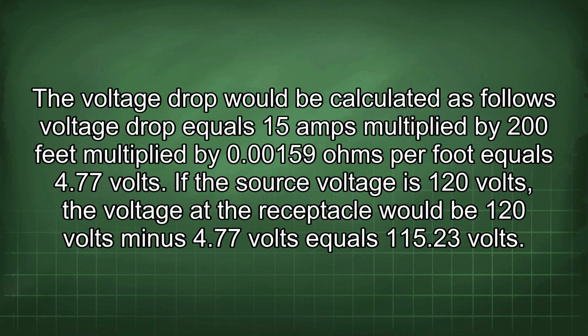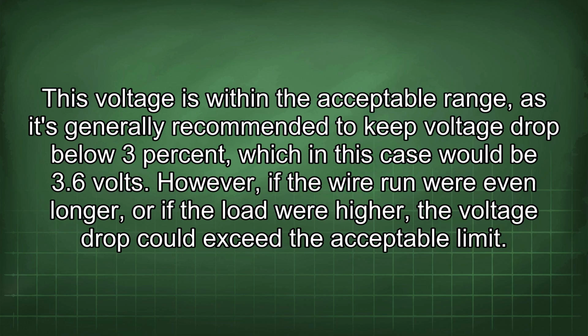If the source voltage is 120 volts, the voltage at the receptacle would be 120 volts minus 4.77 volts equals 115.23 volts. This voltage is within the acceptable range, as it's generally recommended to keep voltage drop below 3%, which in this case would be 3.6 volts.